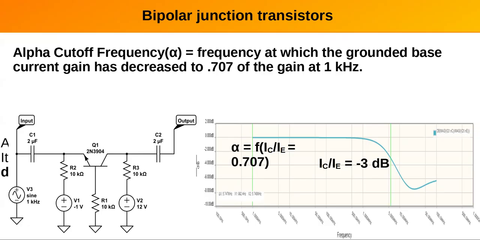So if you set up that configuration and you vary the frequency, when you get down to 3 dB less gain than you had at 1 kilohertz, that's called the alpha cutoff. Is that clear?